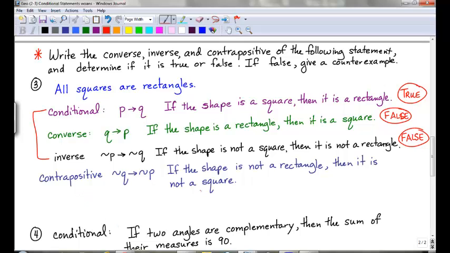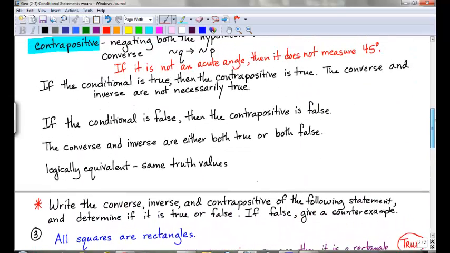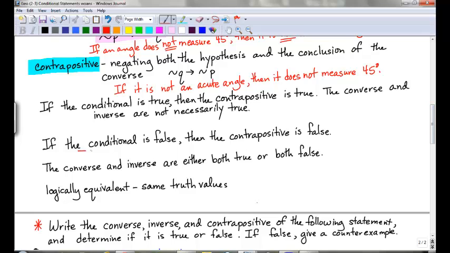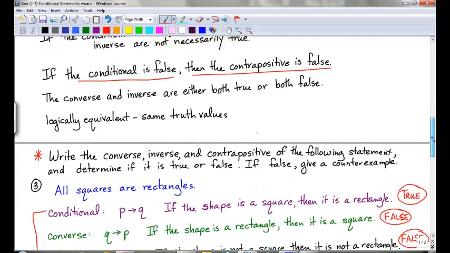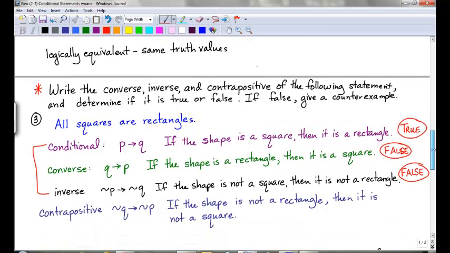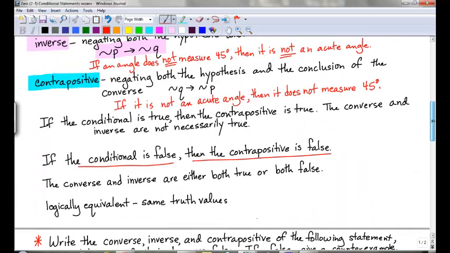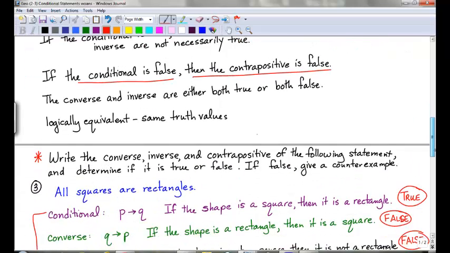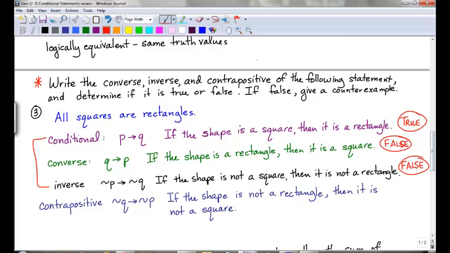Contrapositive. Go back up above there. If the conditional is false, then the contrapositive is false, right? Was the conditional false? No. If the conditional is true, the contrapositive is true. So these two go together, and this one is true.